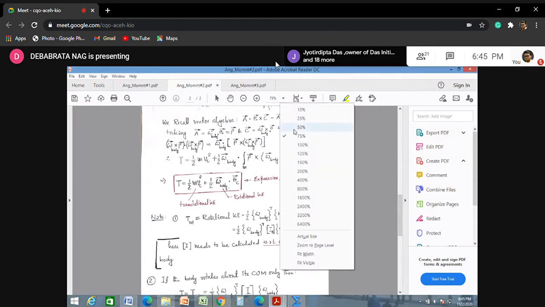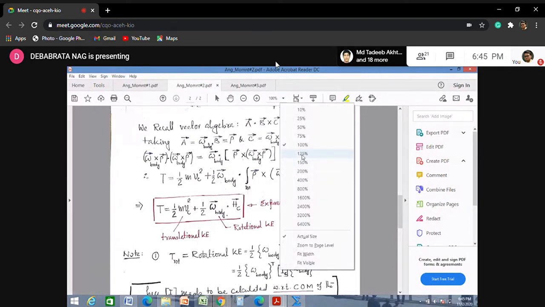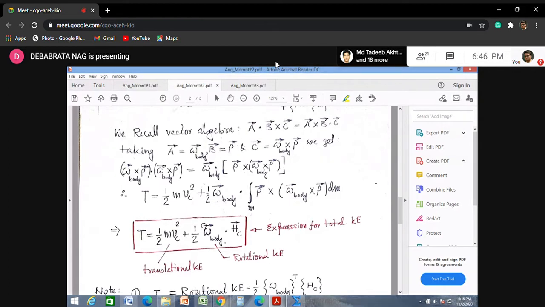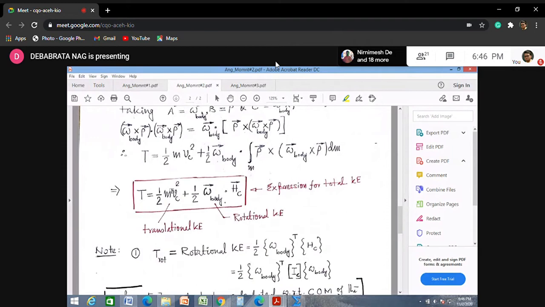Let me just magnify it a little. So this is the total kinetic energy term that we are getting, and this kinetic energy consists of the translational kinetic energy and the rotational kinetic energy.